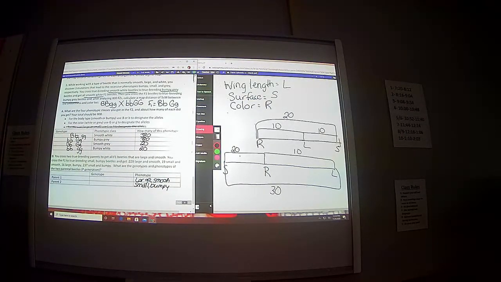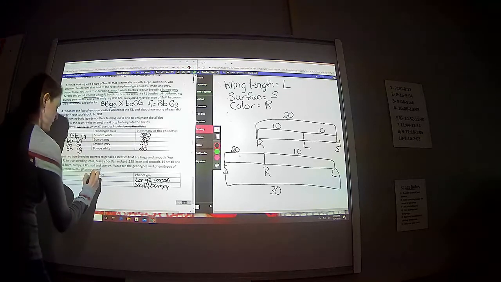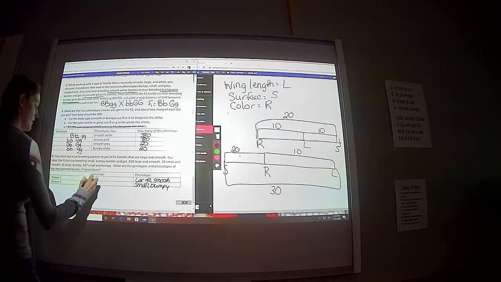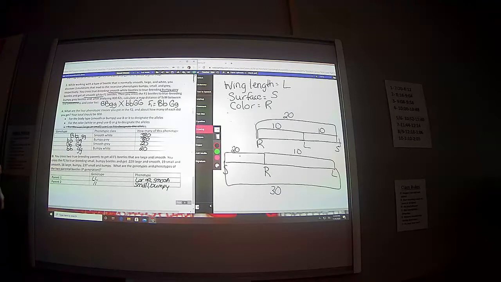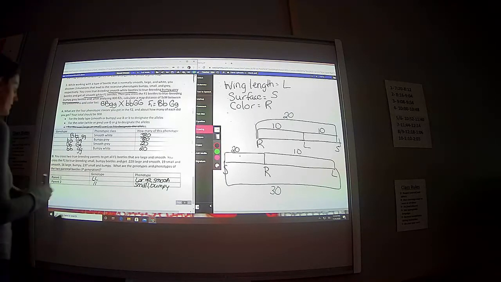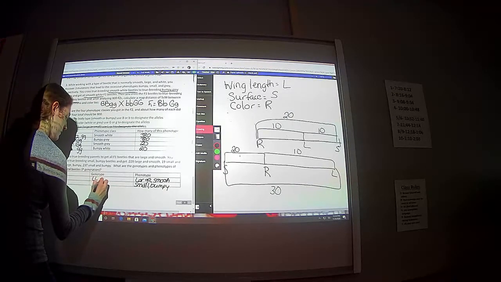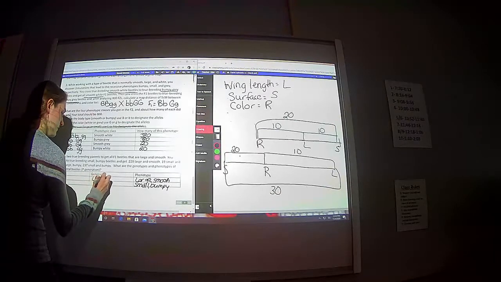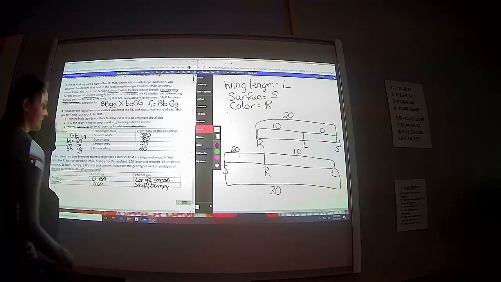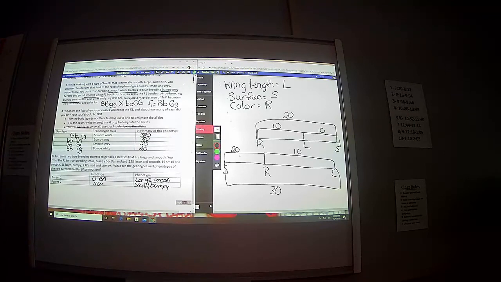If they are large, size should be dominant, so it's going to be capital L's. That's going to be lowercase l's. Bumpy is lowercase, so it's going to be lowercase e's, capital E's. And that would be it for this activity here.